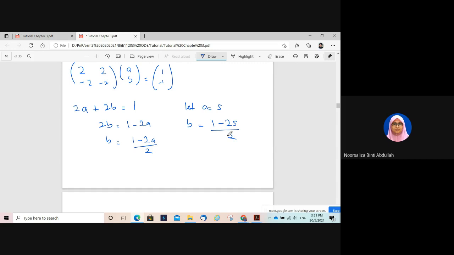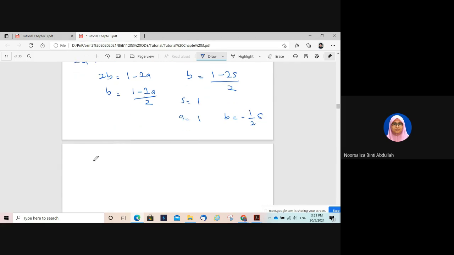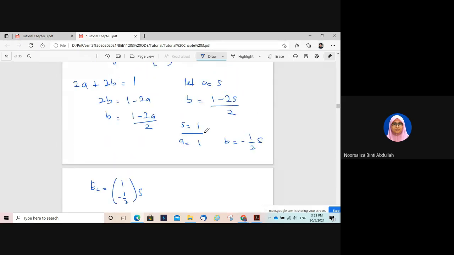Say S equals to 1, then A equals to 1, B equals to negative 1 over 2 S. So your E2 is equals to 1 minus 1 over 2 S. Here I replace S with 1.